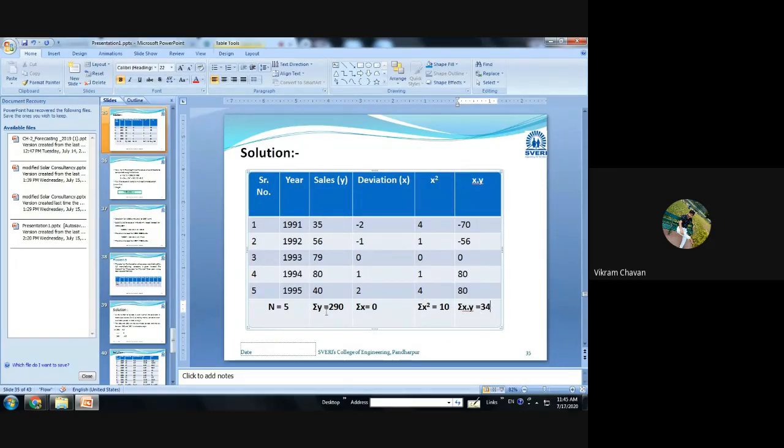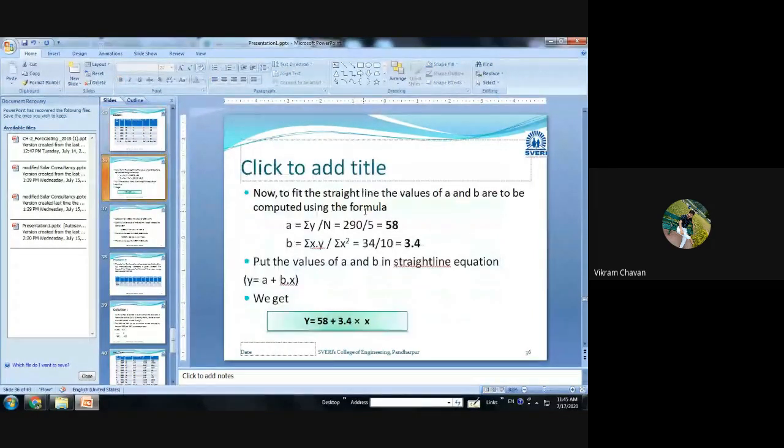So these values at the bottom, whatever n, summation of y, summation of x, summation of x square, summation of xy, these values are required to find the constants a and b. Then next we have to find a and b.